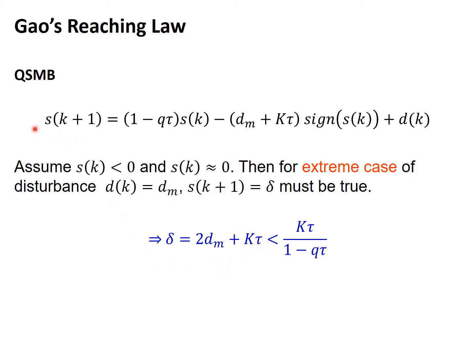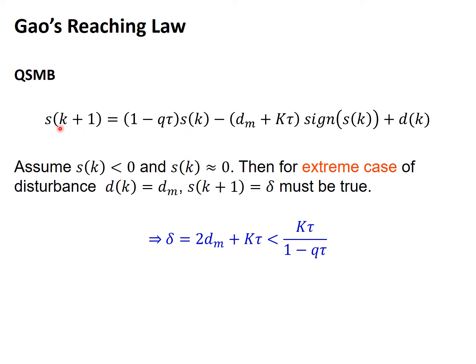So I hope you got how you are calculating the quasi sliding mode band here. You are extremizing the right hand side to the maximum positive value it can take, while starting from the negative side. Obviously we have to start from the negative side because sk and sk plus 1 are on two sides of 0.